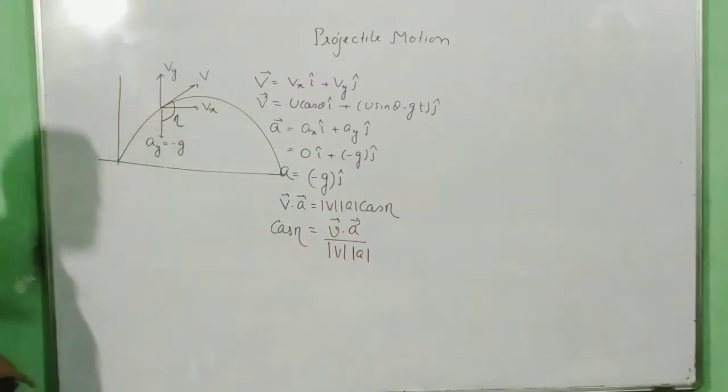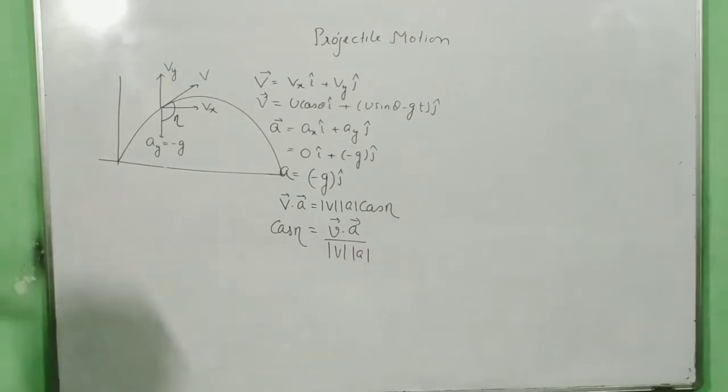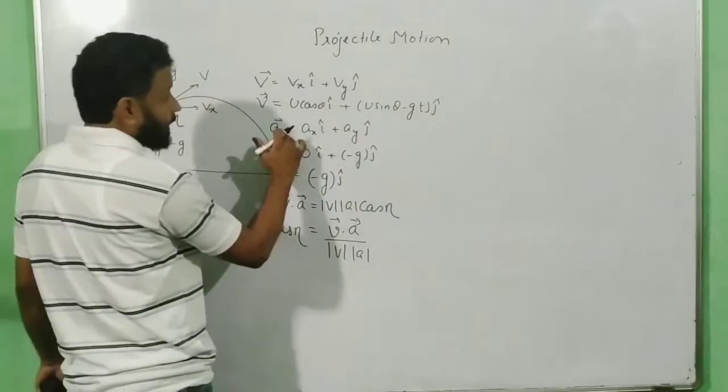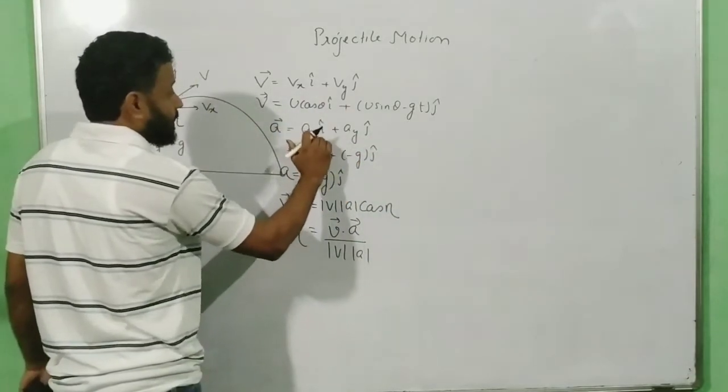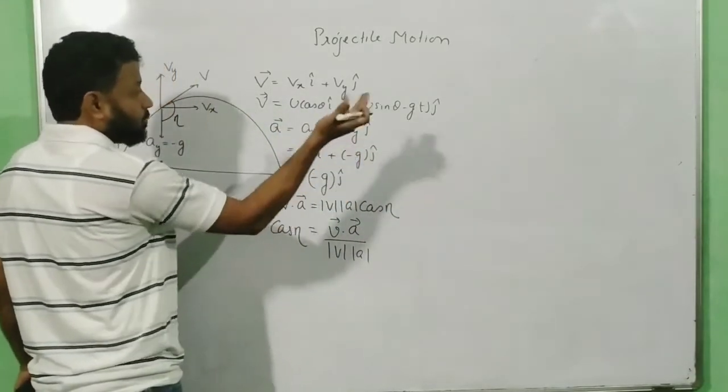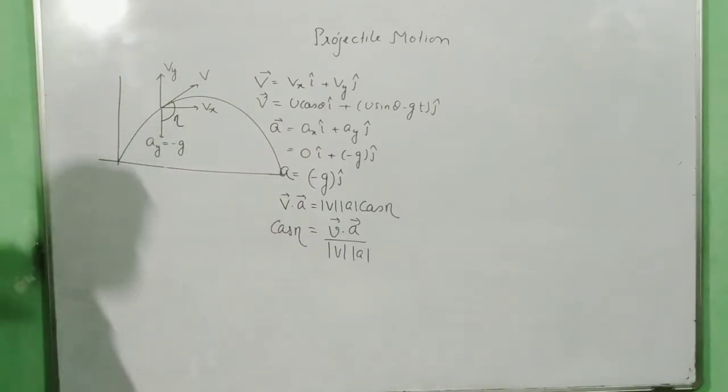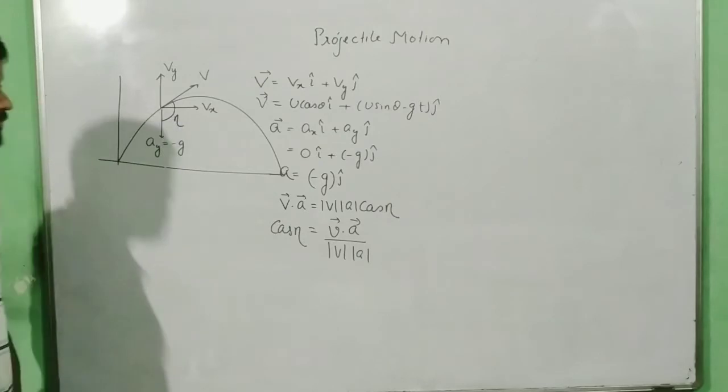This is how we can find the angle between the velocity vector and the acceleration vector also. After any time t, we just find the value of velocity from here, and acceleration has no headache in it, because one component is 0 and the other remains constant, equal to minus g. Similarly, you take a dot product and then we can move ahead.